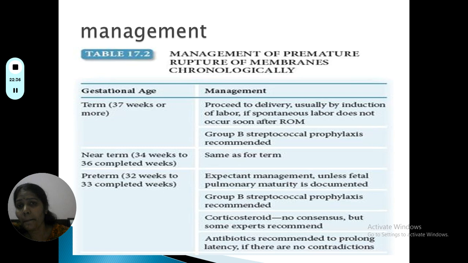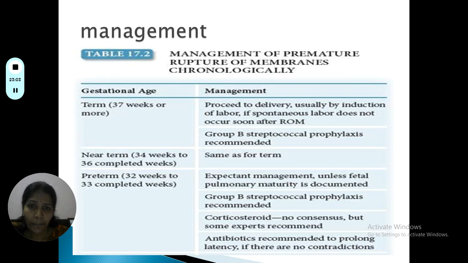How do we manage? So management is mostly based on the gestational age and presentation and well-being at presentation. So after 37 weeks or more, that is at term, a patient presents to you at 37 weeks with PROM. What we do is, in such cases, we ensure that the normal labor can start in 80 to 90%.